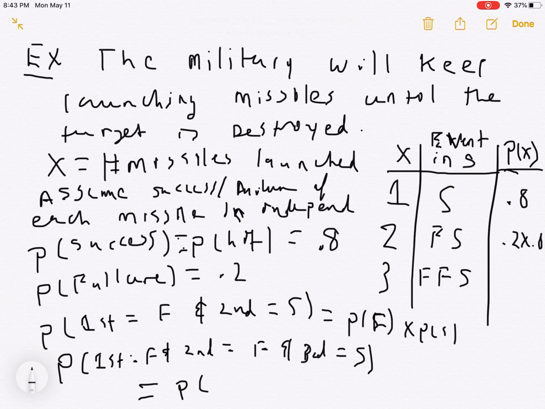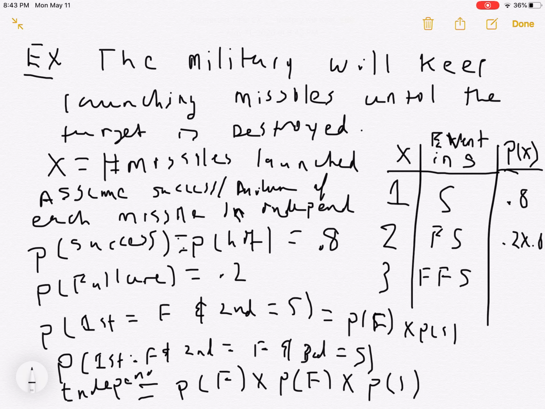That's equal to the probability of failure times the probability of failure times the probability of success by independence. And that's going to be 0.2 squared because there's 2 failures. Okay, so 0.2 squared times 0.8. Okay.